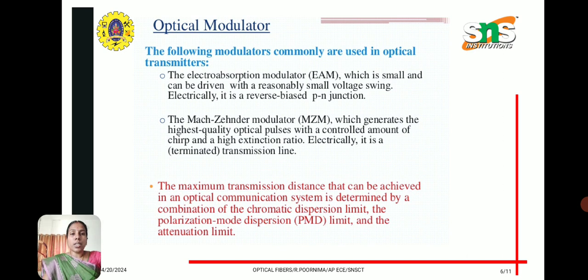So it is a terminated transmission line. The maximum transmission distance that can be achieved in an optical communication system is determined by a combination of the chromatic dispersion limit, the polarization mode dispersion limit, and the attenuation limit.